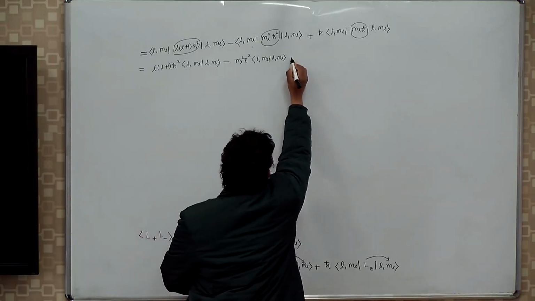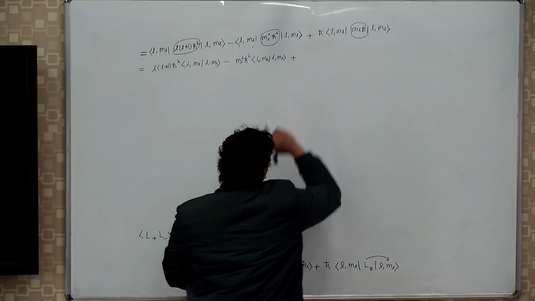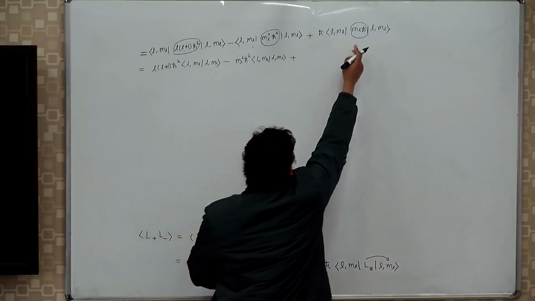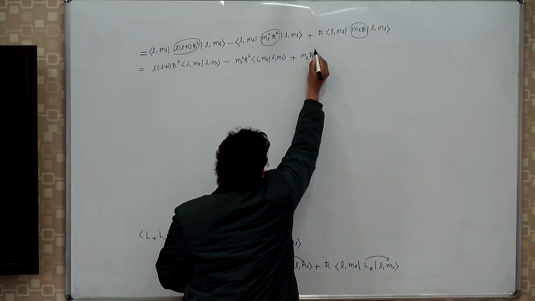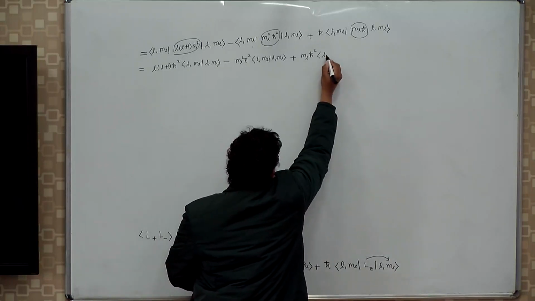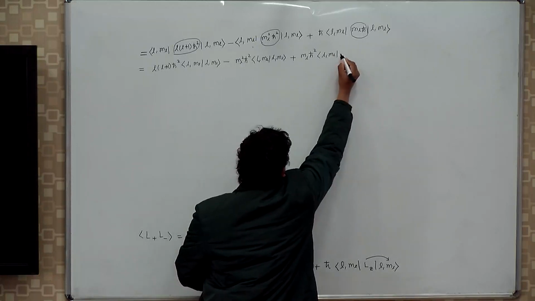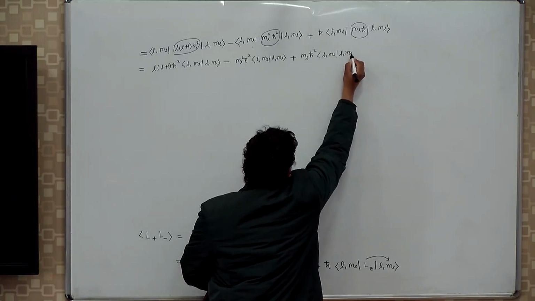When you come to this term, already one H cross squared is here; if we take this out, then we will get ML H cross squared <L, ML|L, ML>.